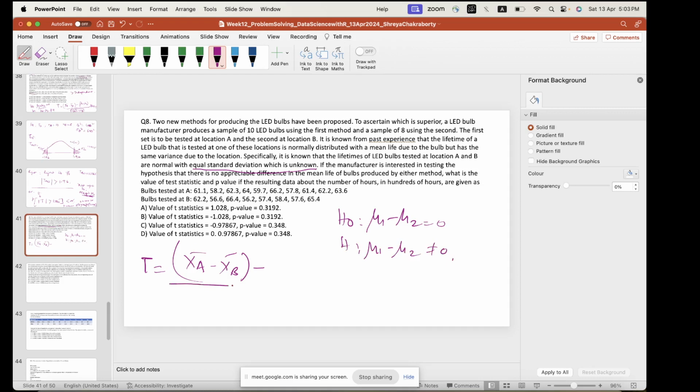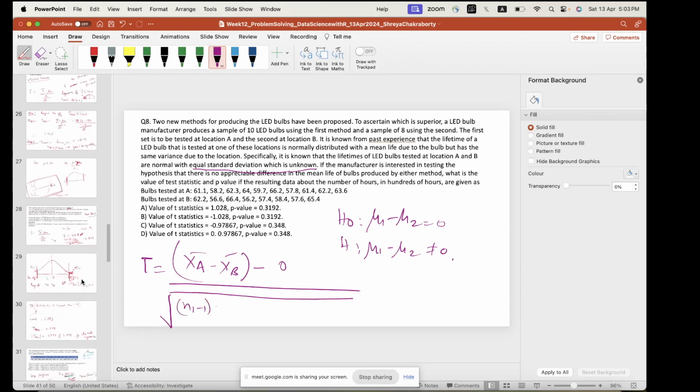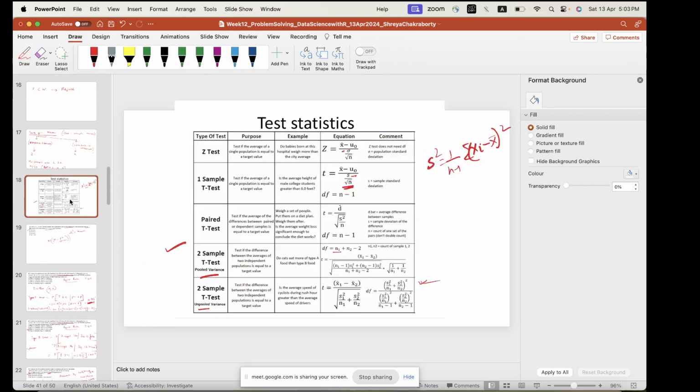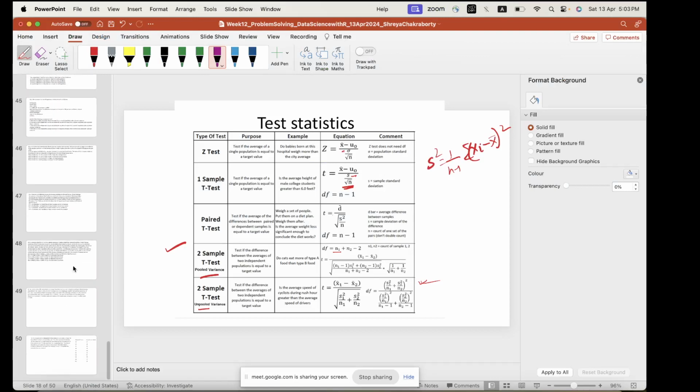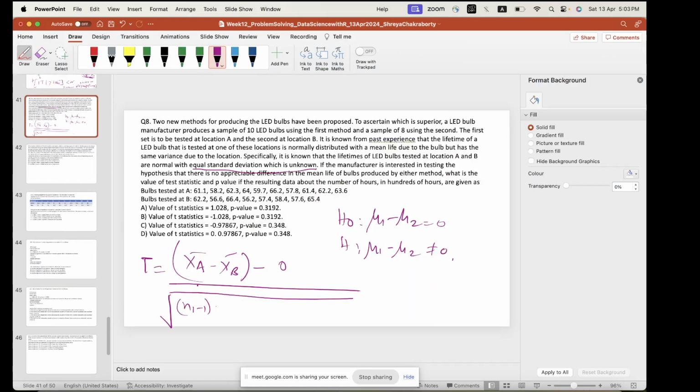Then this is minus 0 by square root of (n1 minus 1) s1 square plus (n2 minus 1) s2 square by n1 plus n2 minus 2. And T critical is also the same thing.